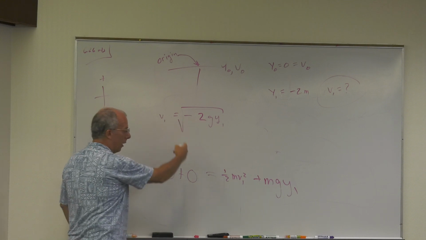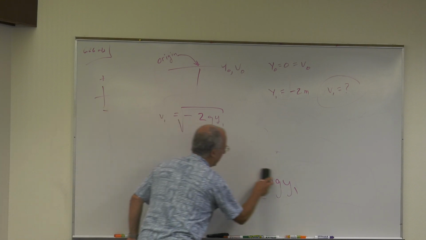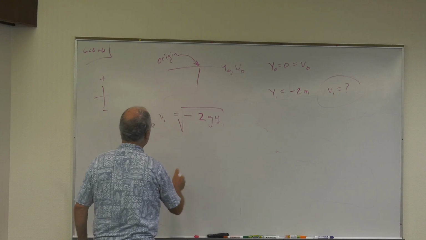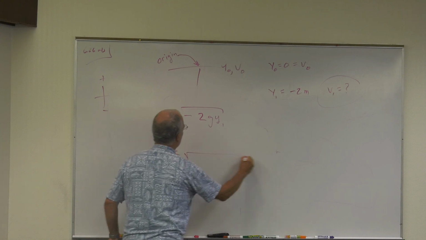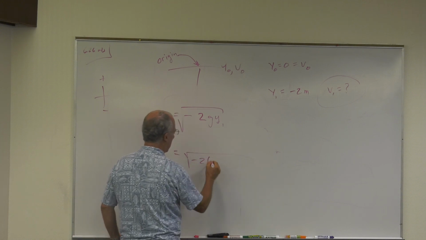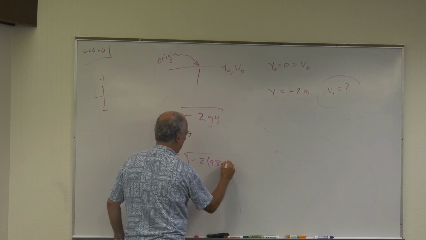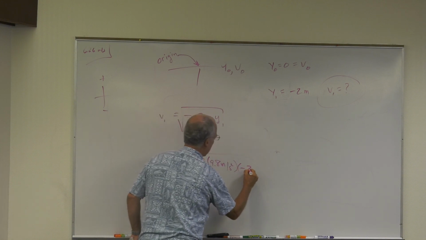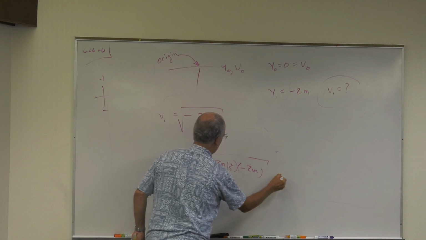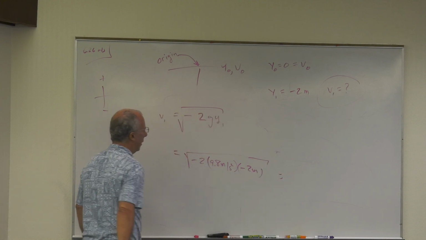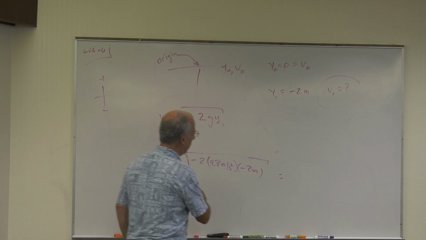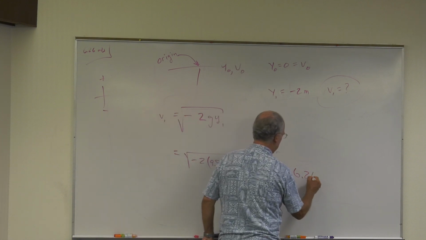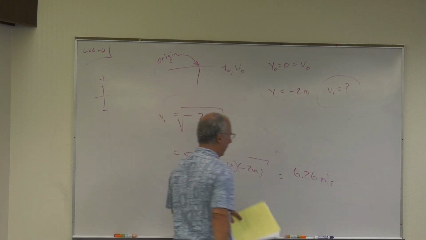You can't have a minus sign underneath a square root? No problem. Life is good. Square root of minus 2, g is 9.8 meters per second squared, and y1 is minus 2. So you have a minus times a minus. Guess what you get? Same as before, 6.26 meters per second.